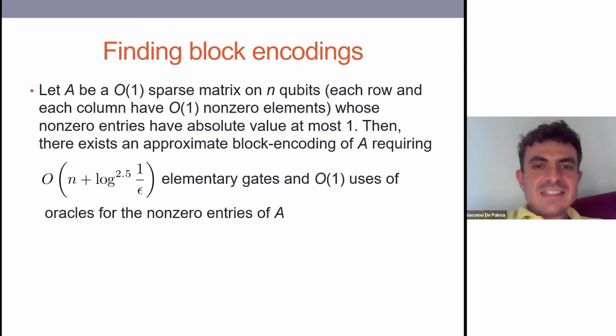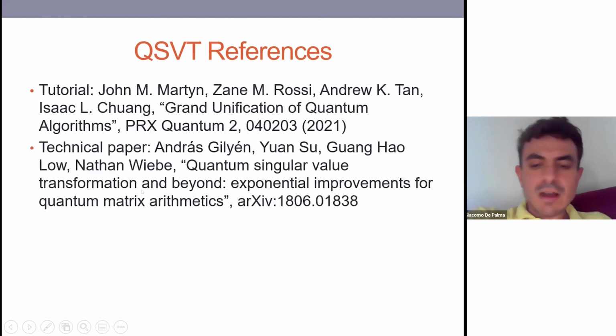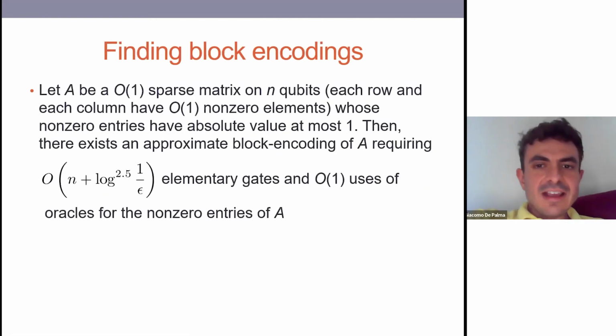Then there exists an approximate block encoding of this matrix A, such that applying this block encoding once requires a number of elementary gates that scales as the number of qubits of the Hamiltonian. So this small n is the number of qubits, the logarithm of the dimension, plus logarithm of 1 over epsilon to the 2.5, where epsilon is the precision that we require for the approximation.